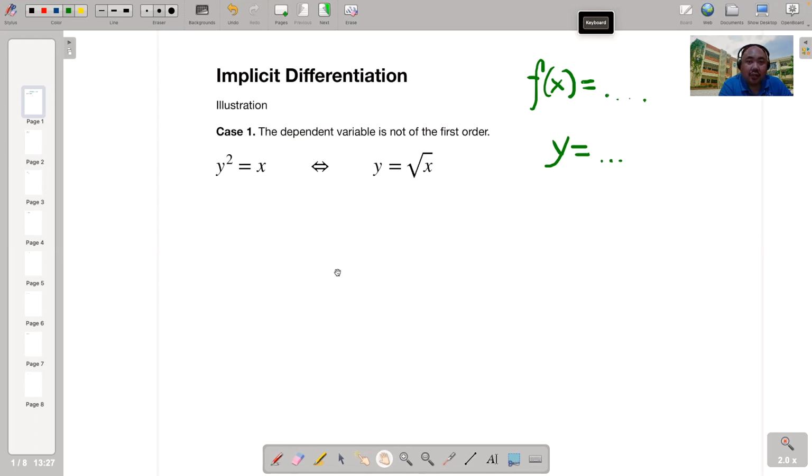So in this case, you have a second order dependent variable, y squared. How will you do the differentiation process? Watch closely. You will differentiate in terms of the variable of differentiation, which is x, treating it like any normal differentiation process. So this y squared, by the power rule, becomes 2y.